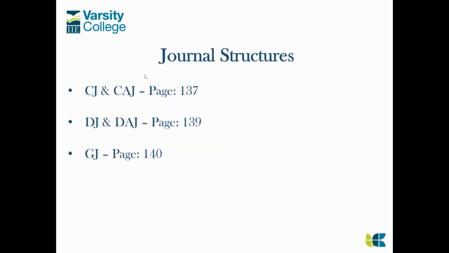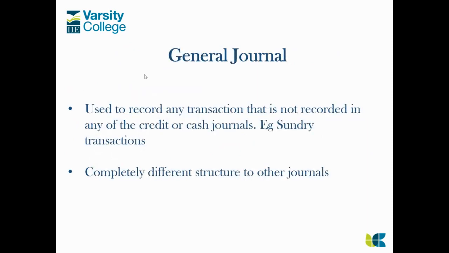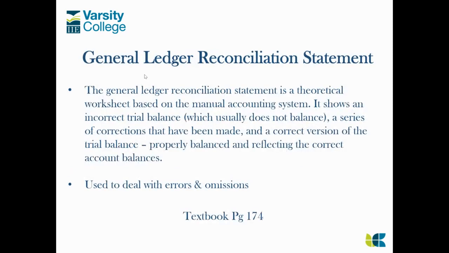You can see the structures, but you're going to see the structures as we play around with this stuff, so don't need to bother about that now. And then the general journal. Like I said, we use this to record any transaction that doesn't go in any of the other journals. It's got a completely different structure to the other journals, but we'll have a look at that just now.